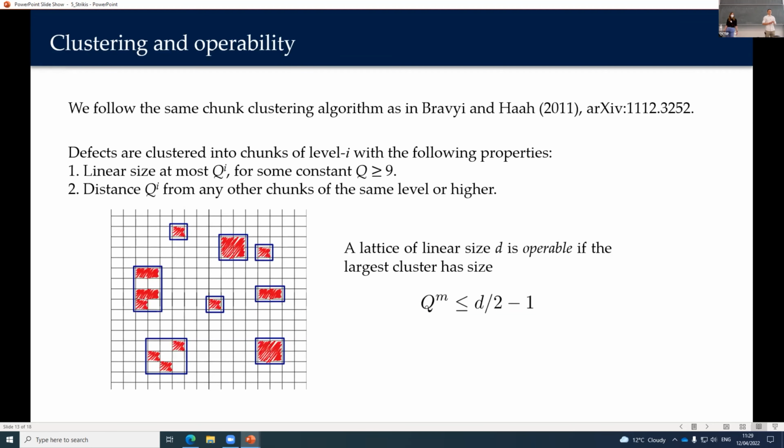This is essentially the rate below which we can expect that the largest cluster is going to be only half the size of the lattice, while the other threshold is the qubit phenomenological error rate threshold. So you have these two different thresholds. One is for the qubit error rates and one is for fabrication error rates. The one that they derived was for their qubit error rates, but we use it for the fabrication defect rates. And the one we derive is now for the qubit error rates.